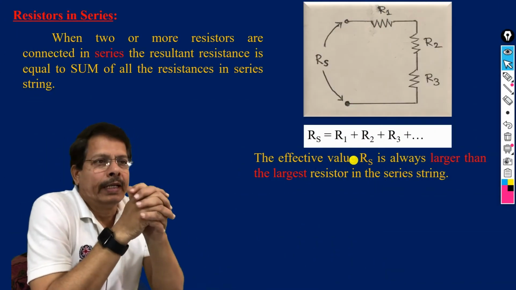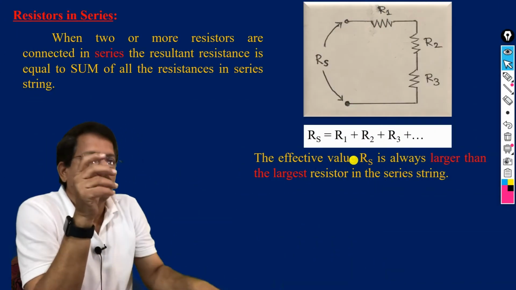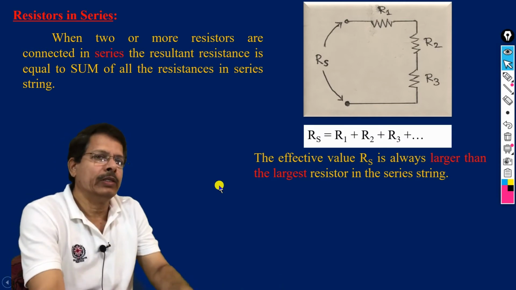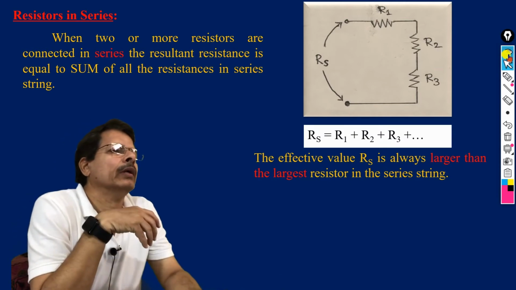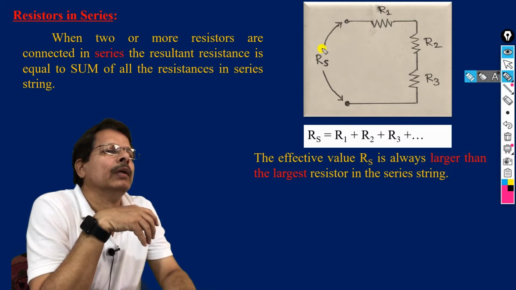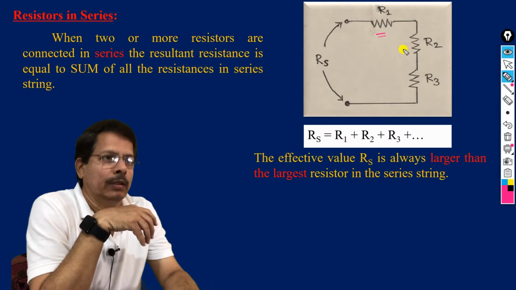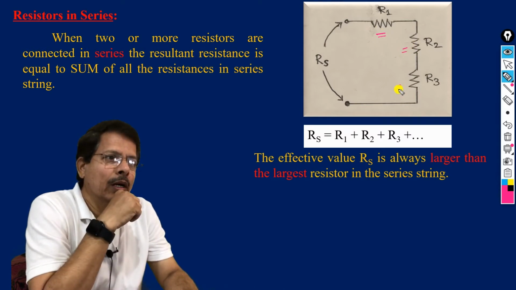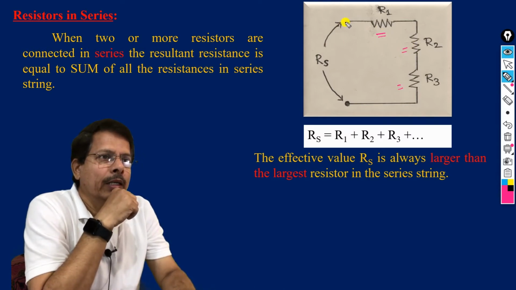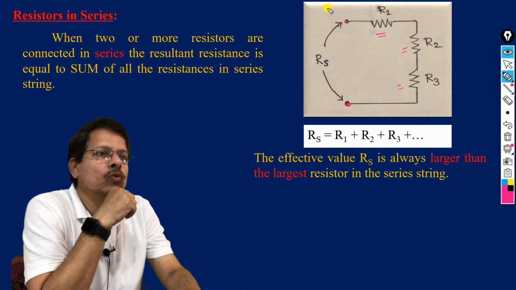See that in the diagram I have shown three resistors in series. This is the resistor R1, resistor R2, R3, and they are connected in series between these two points.